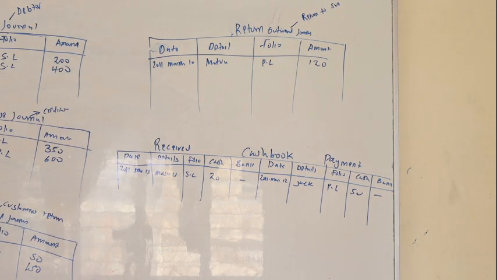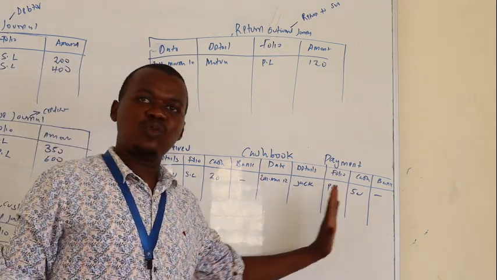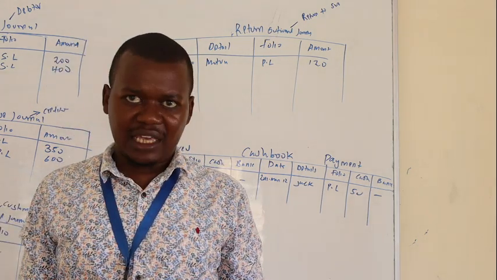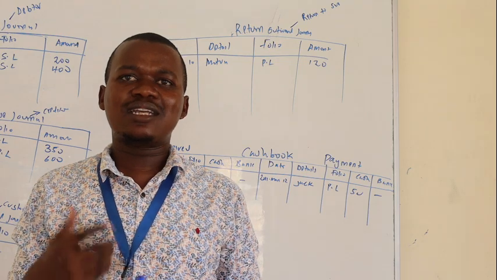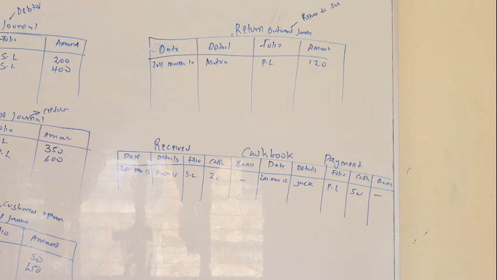So we record a receipt. Then the previous one will record a payment. Here, cash book is one of the journal which records receipts or payments.